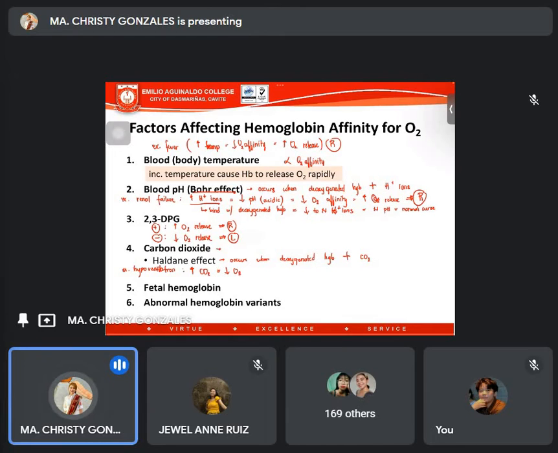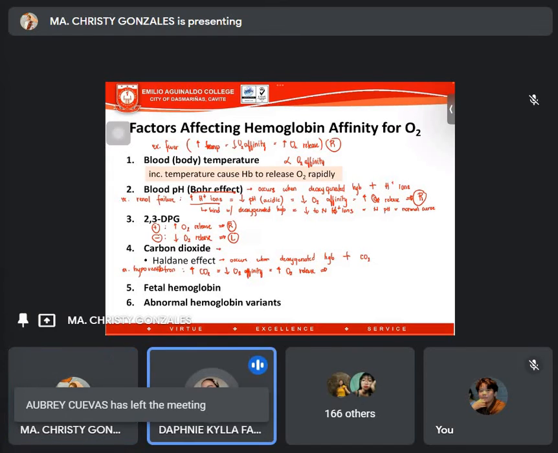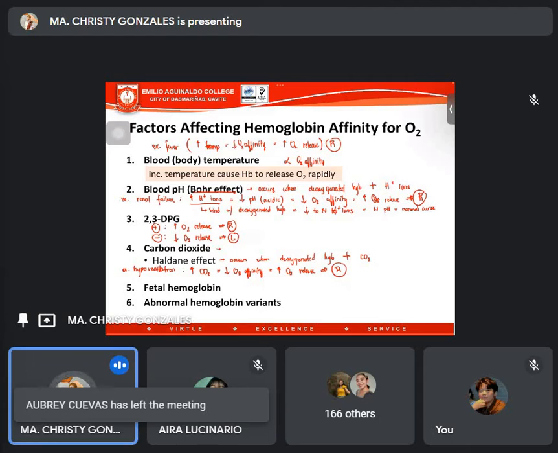Right? Oxygen affinity. And increase naman ang oxygen release. Correct? Shift to the right, shift to the left. Increase carbon dioxide. Shift to the right. Okay, correct.